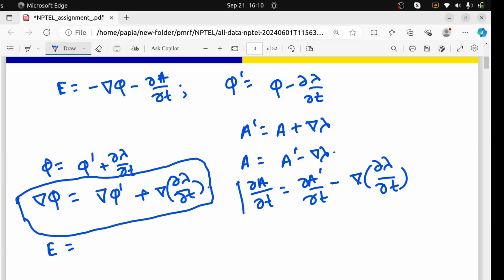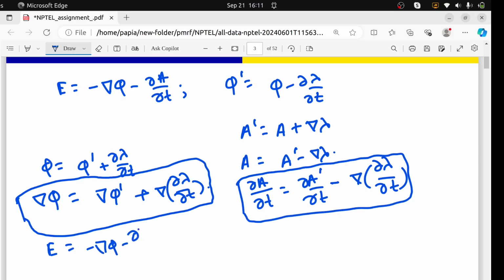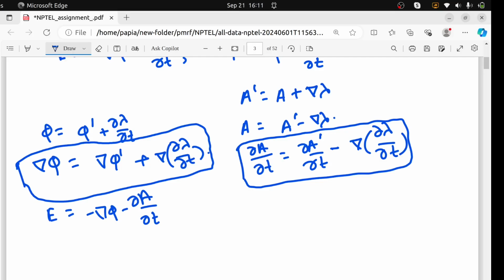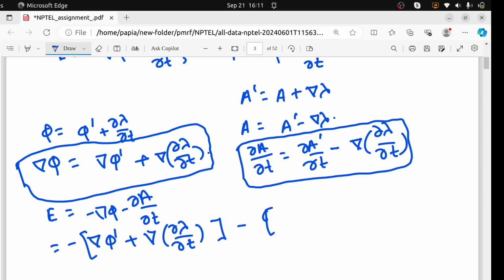Now, if I put the values of grad phi and the value of del A del t in the expression of E, then what will we get? We will get minus grad, okay, see it is grad phi, so grad phi means it will be grad phi prime plus del of del lambda del t, minus del A prime del t minus grad of del lambda del t.